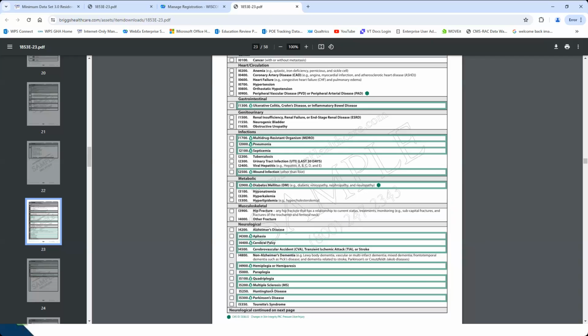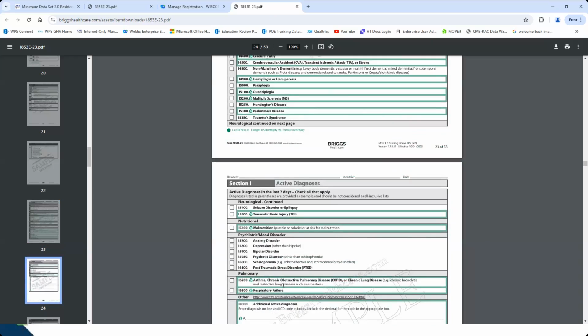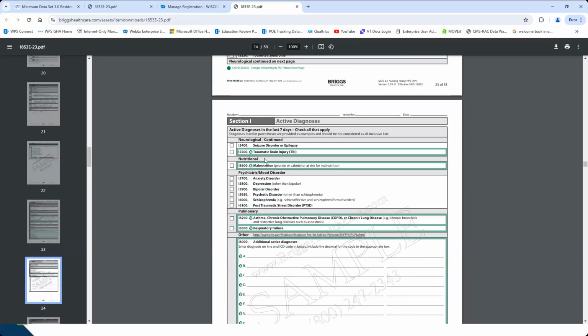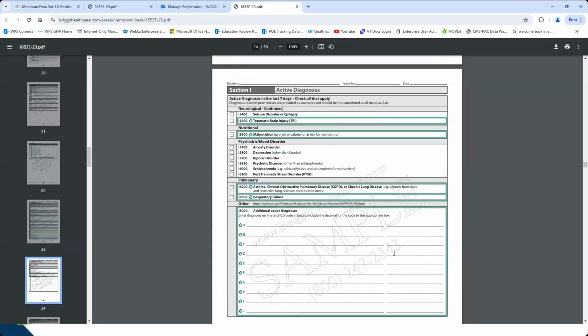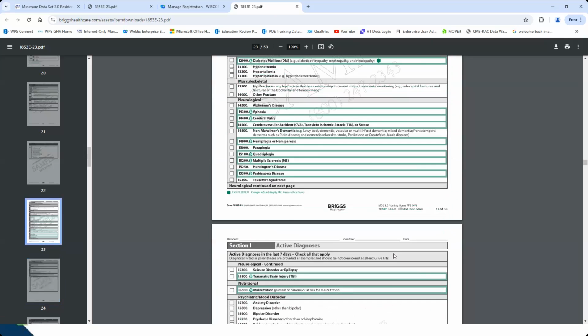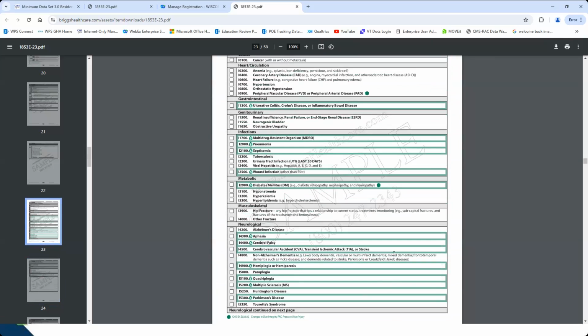Down here under the neurological, we have quite a few conditions, as well as TBIs or traumatic brain injuries, malnutrition, asthma, COPD, other lung diseases, and respiratory failure. So those are some of the active diagnoses that you can see here that affect specifically your Medicare payment drivers.